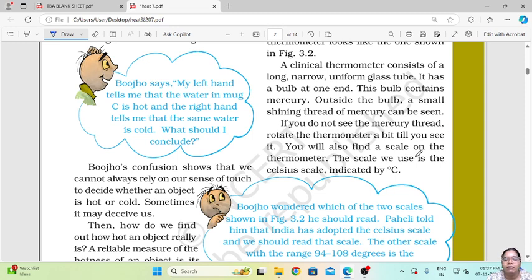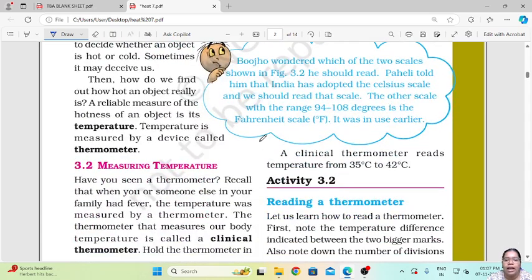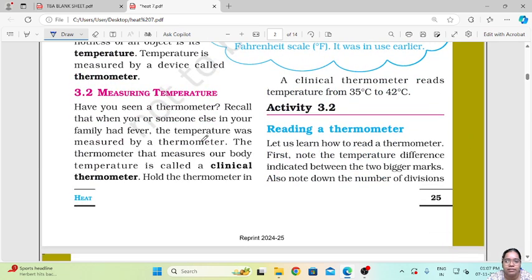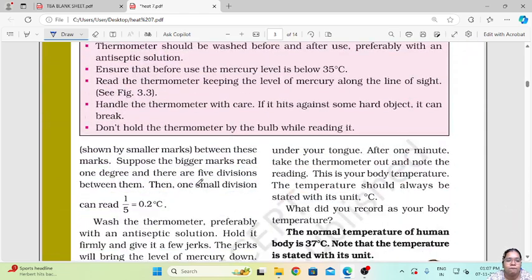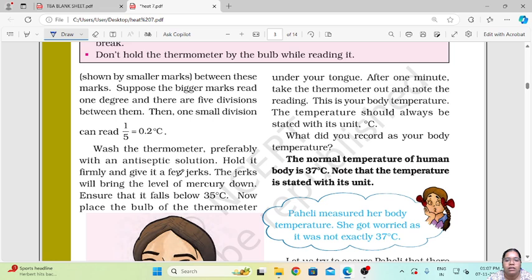The SI unit for temperature is degrees Celsius, and a clinical thermometer reads temperature from 35 degrees to 42 degrees Celsius. So this is about the degree unit, the SI unit, which is used to measure temperature.